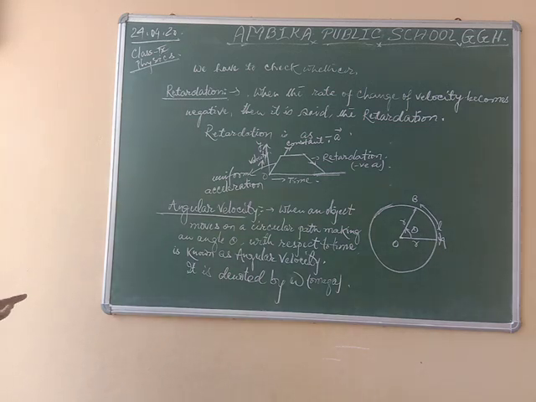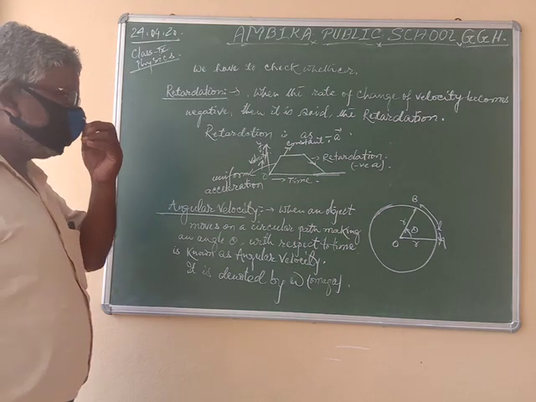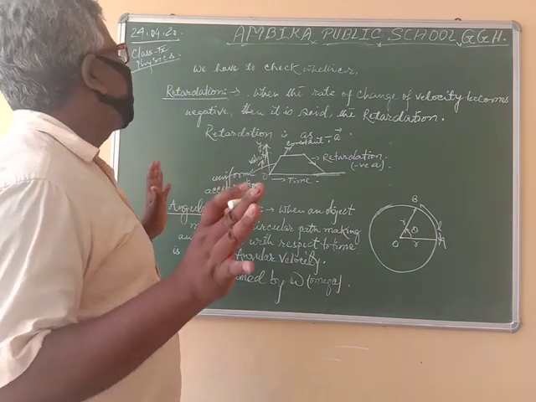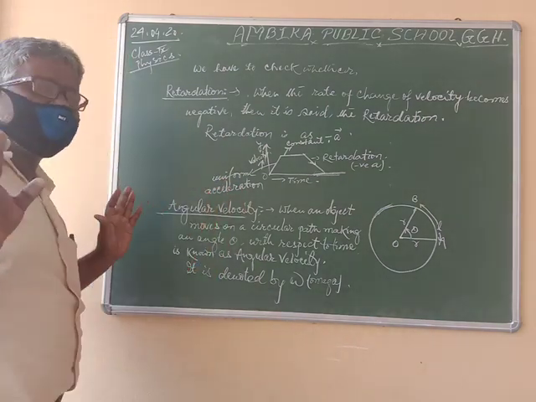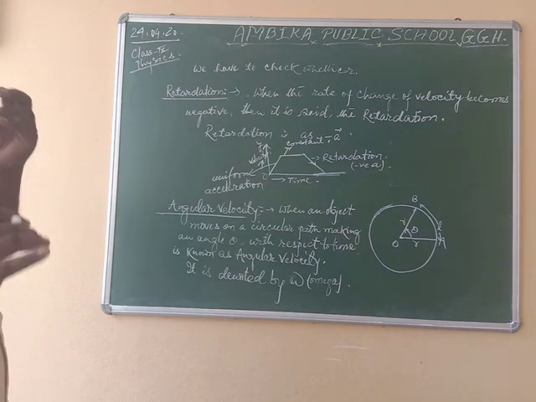Now, for your convenience, retardation: when the rate of change of velocity becomes negative, then it is said to be the retardation. We can say also that the negative acceleration is called retardation.